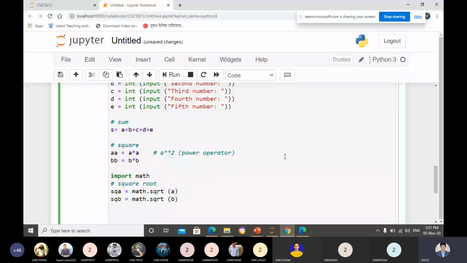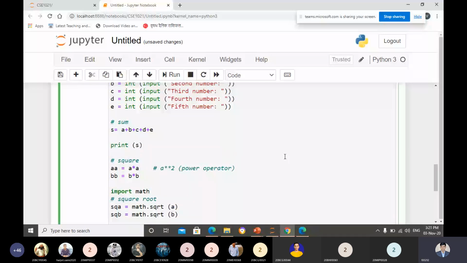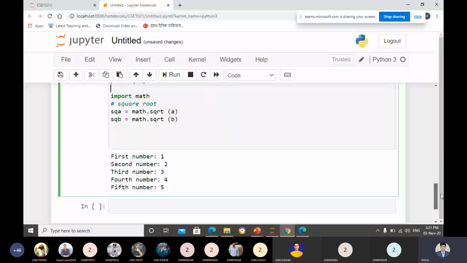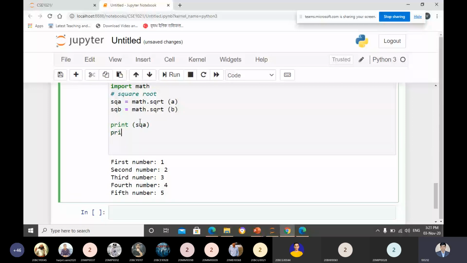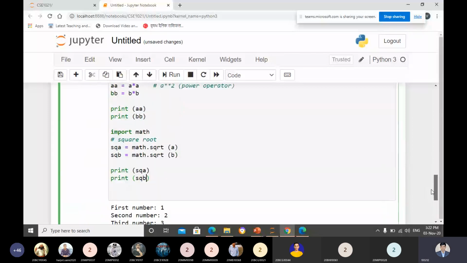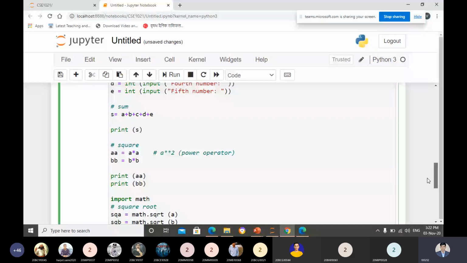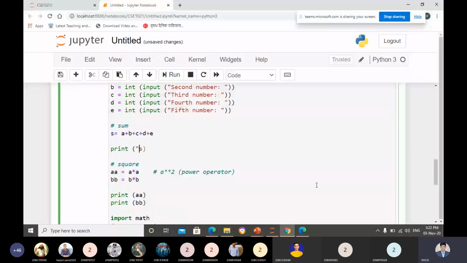Then the summation. Second part is the square root of A, and next we print the square root of B. Next we are printing the square of A, and now we are printing the square of B. For a better way, we can write the program like this, and you will be happy to see your answer.